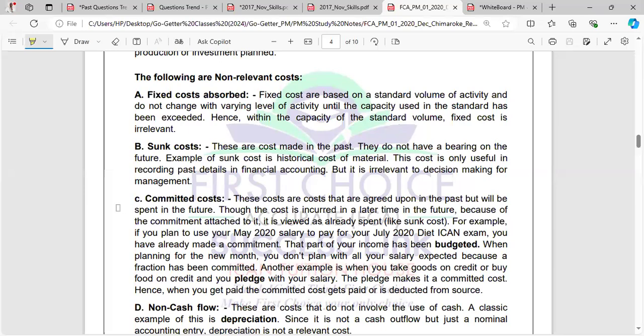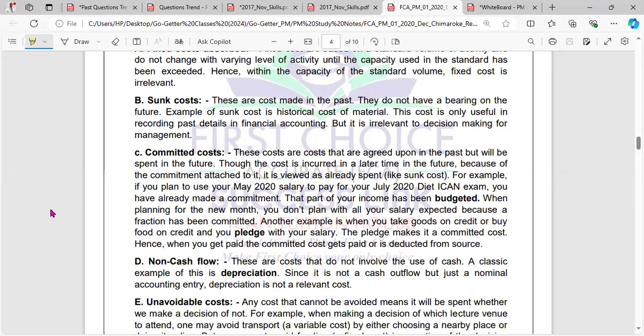Now, committed costs. A committed cost can be seen like a future cost, but it's not a future cost, it's a committed cost. Let me give an example. Let's say you register for this go-getter class, and let's assume that the fee is 50,000 and you have only paid 20,000, and you are saying, okay, at the end of this month, I'm going to pay the remaining 30,000.